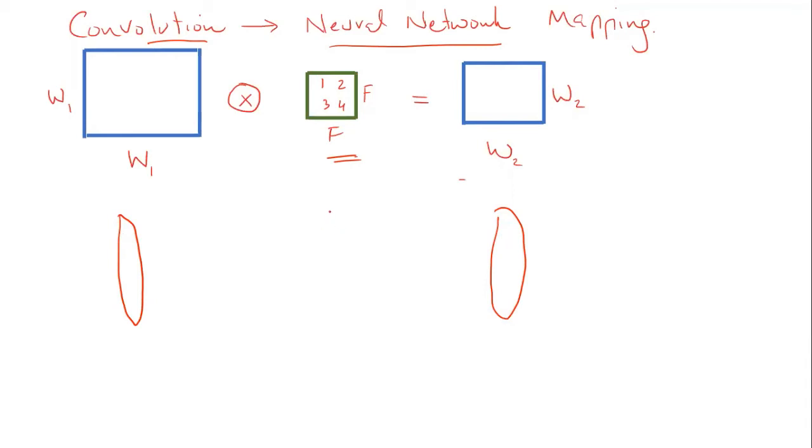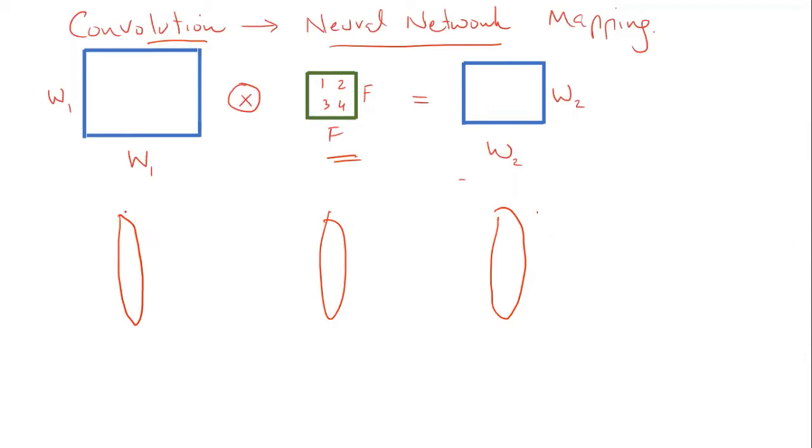Do you think this is an output, or is this an output? How do you convert an input to an output? How do you convert a two-dimensional image into an input into a neural network? We've seen some examples of this. So let's say it's a W1 by W1 image.